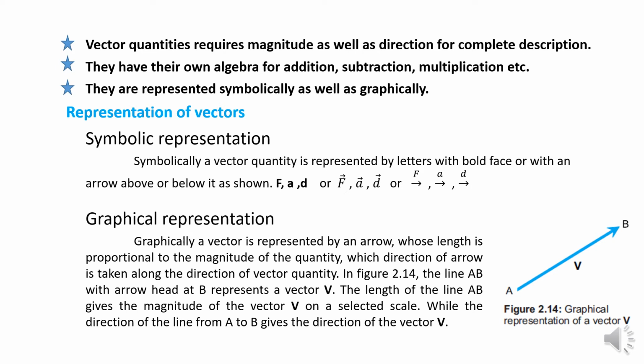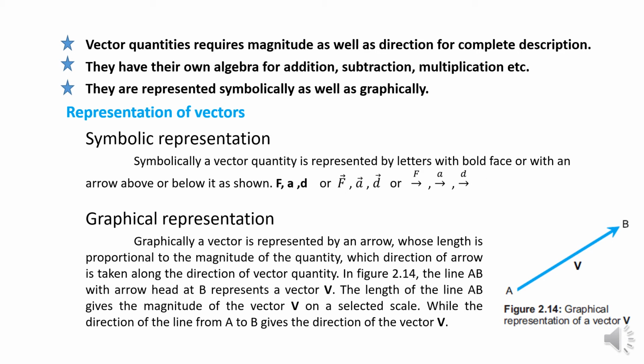Graphically, vectors are represented by arrows whose length is proportional to the magnitude of the quantity. The direction of the arrow is taken along the direction of the vector quantity.